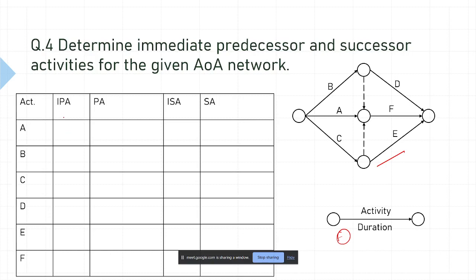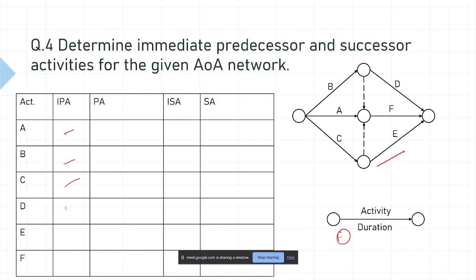Does anybody have any confusion on what is IPA? No confusion, right? So then help me, please. For A, there is no IPA. For B, no IPA. C, no IPA. D?